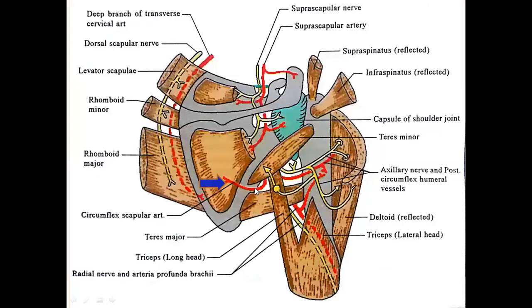Now see here. This artery is the circumflex scapular artery, which is one of the branches coming from the subscapular artery. It runs along the lateral border of the scapula, in the infraspinous fossa area.